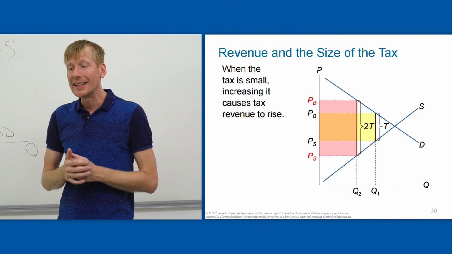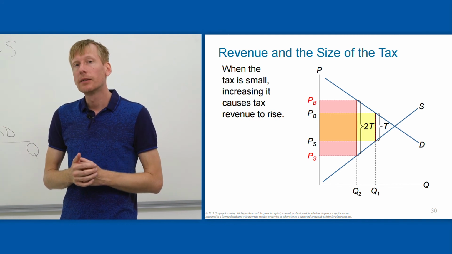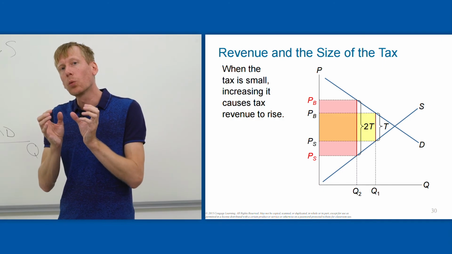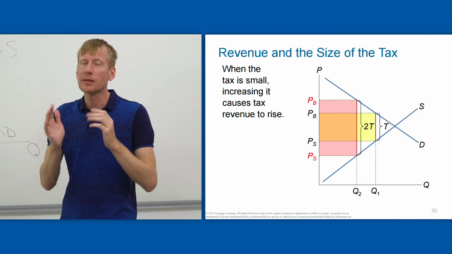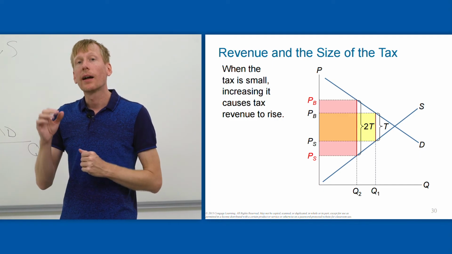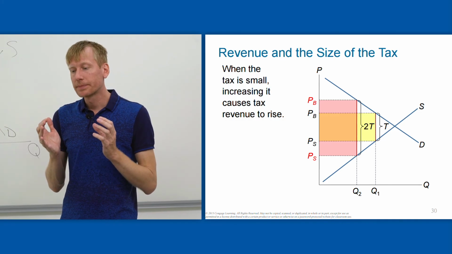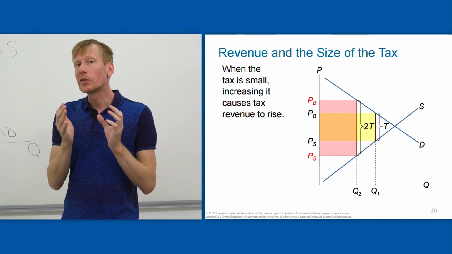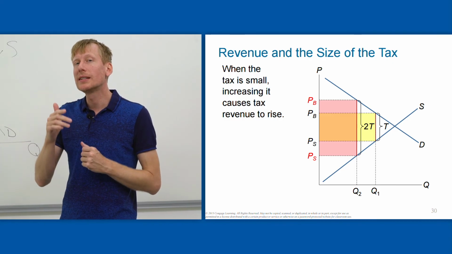As you can see, that yellow rectangle there, if our tax is equal to size T, that yellow rectangle is equal to Q1 times T. It's the area of a rectangle. The base of the rectangle is Q1, and the height of the rectangle is T. That rectangle may increase as we double the size of the tax to 2T.